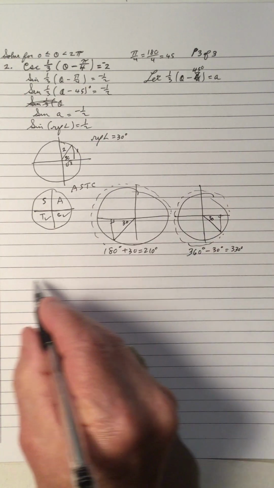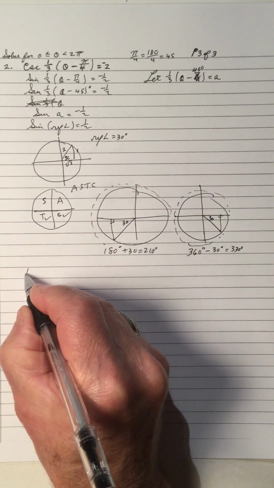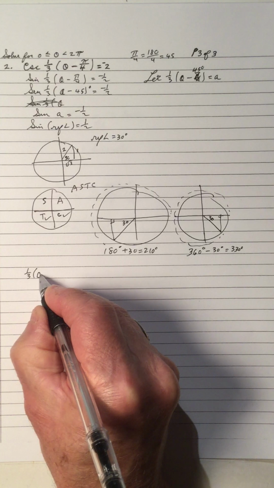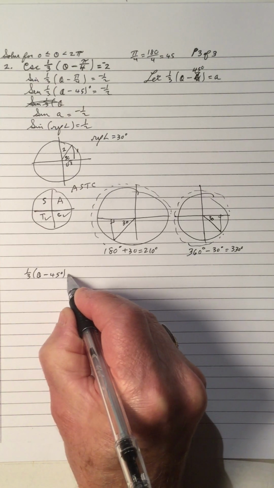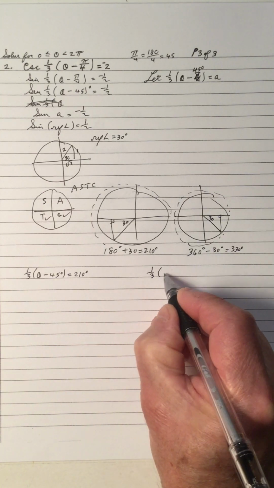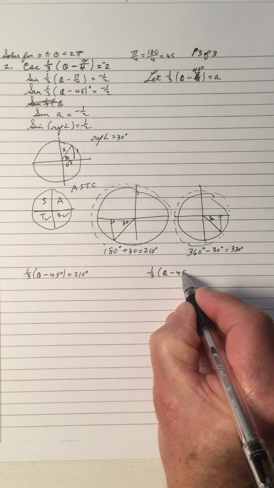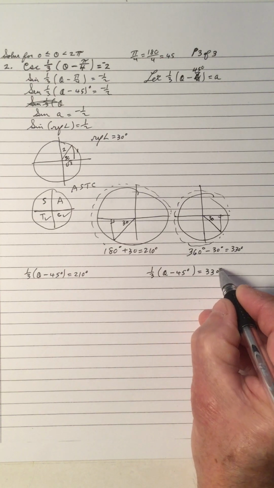So what we have is that this angle, 1/3 theta minus 45 degrees, equals 210, or 1/3 theta minus 45 is 330.